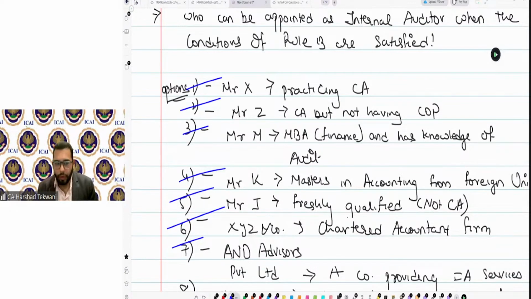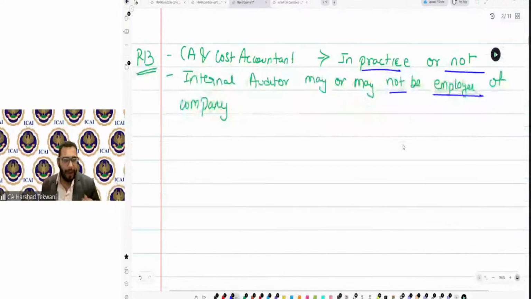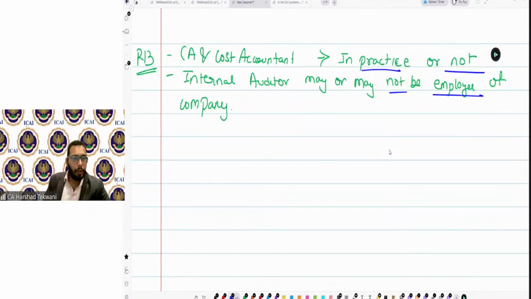Okay. Very good question, and that I was expecting. The internal auditor may not be an employee of the company. Let's say he or she is an employee of the company.